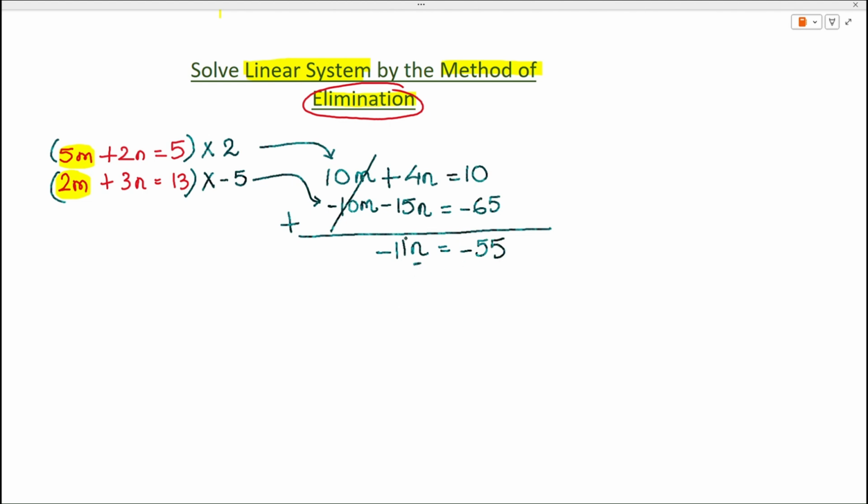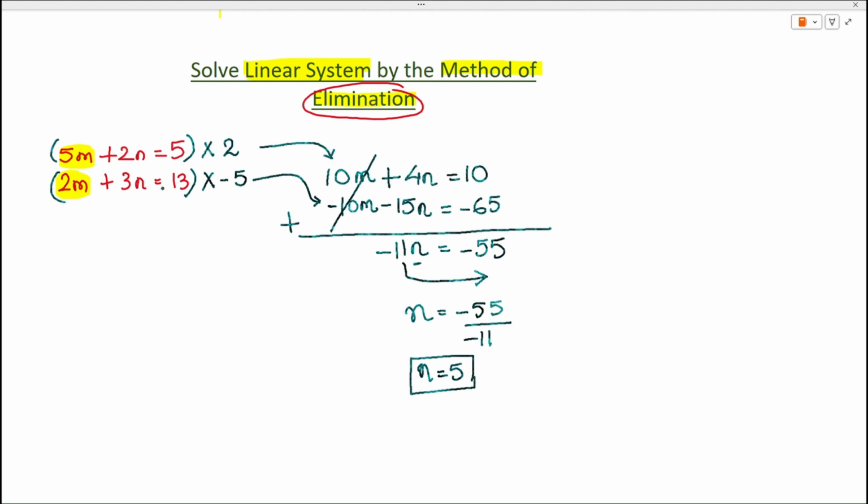To isolate n, we need to take this negative 11 to the other side. Here it is in multiplication. On the other side, it goes as division. So n is equal to negative 55 divided by negative 11. Hence, the value of n is equal to 5.